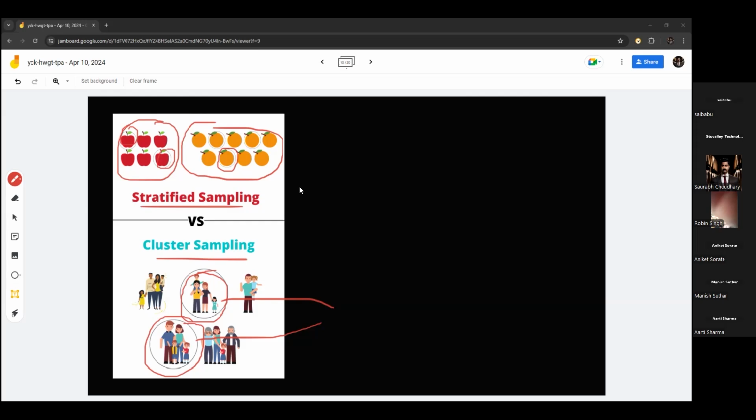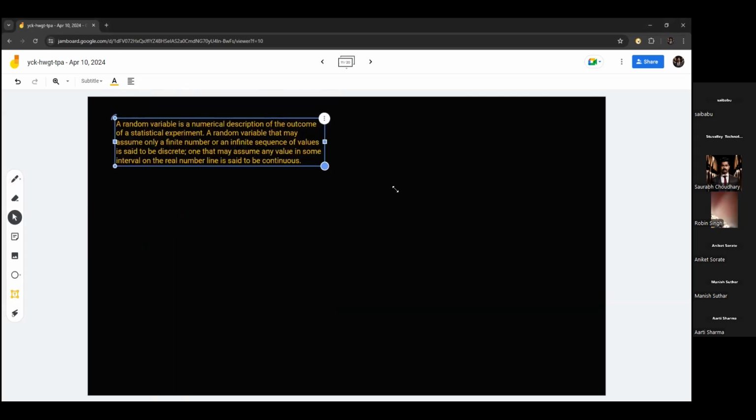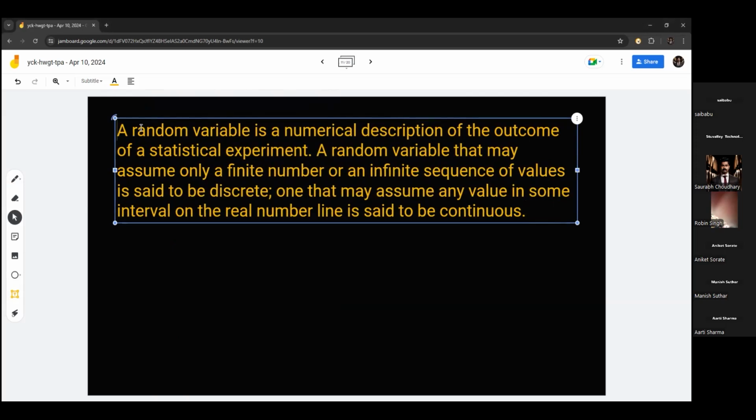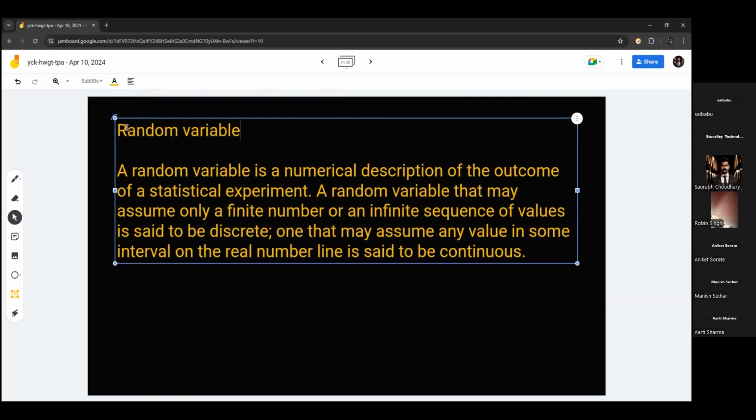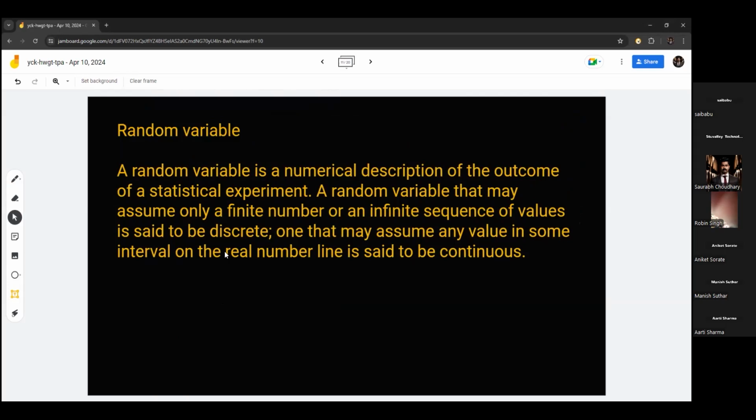Okay, next thing is we will be talking about random variables. What is random variable?